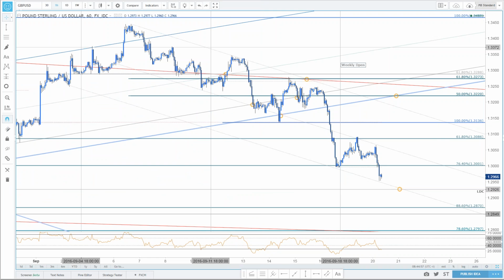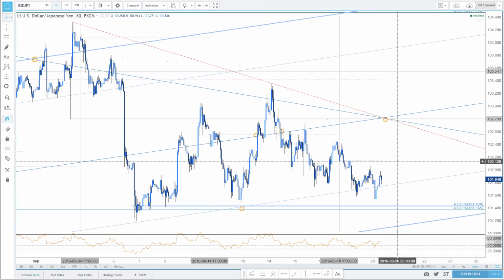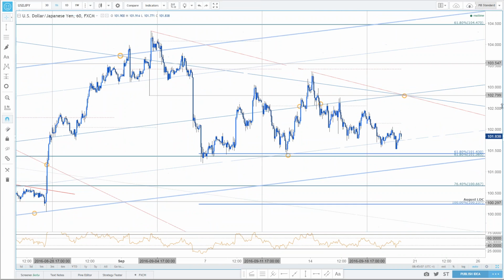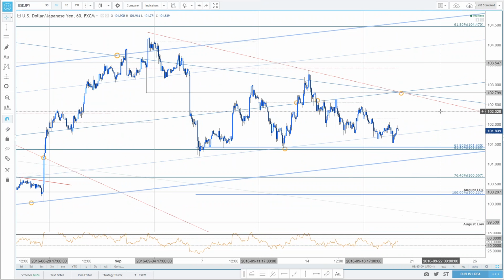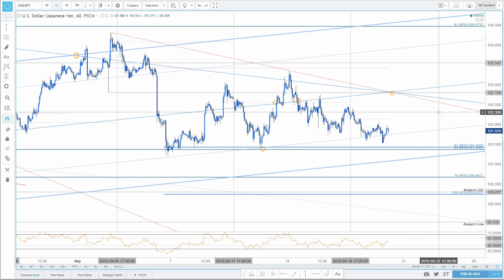It's still a messy trade right now in my mind, but there is a very strong interest in dollar yen on the long side, not only from retail speculative sentiment guys, but also from bank research.